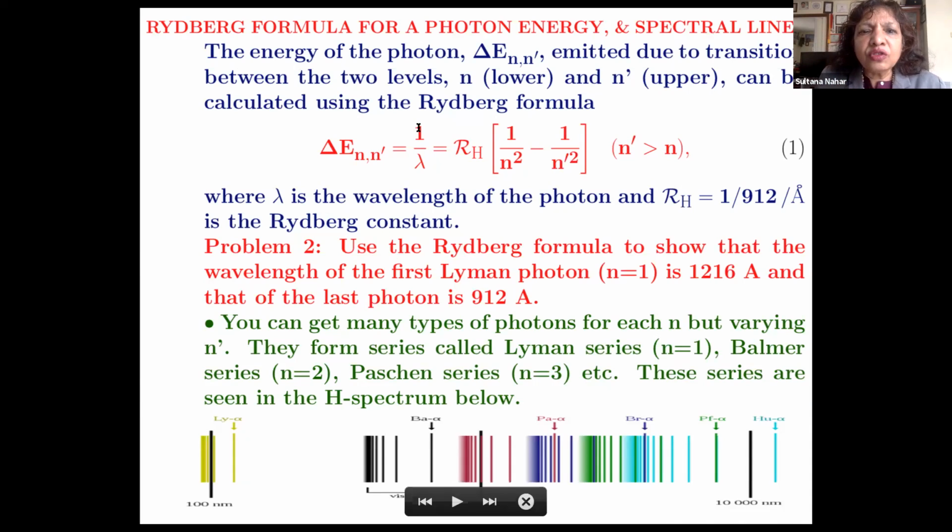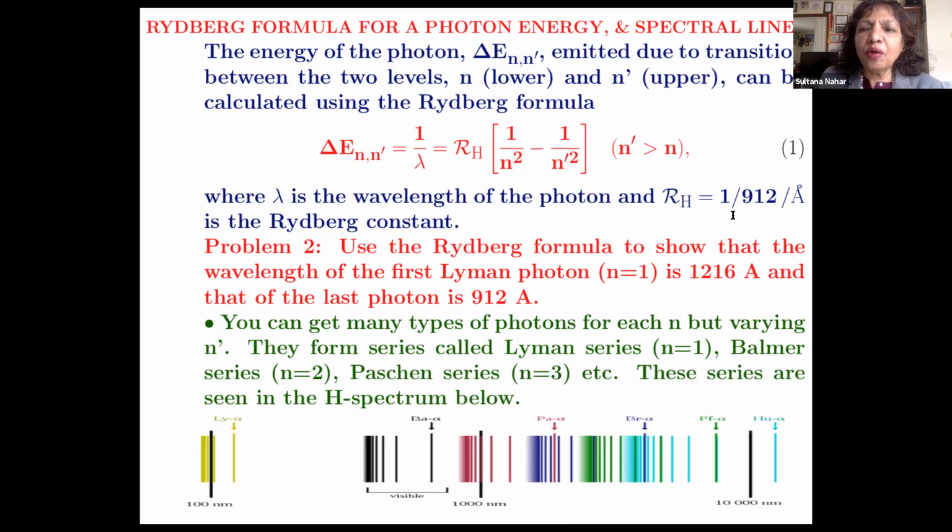And this equals 1 over lambda. Lambda is the wavelength of the photon. That is what we measure in the telescope. And that is given by this formula, the Rydberg formula. This is just a constant, given by 1 over 912. And you have to put in the numbers. n is the lower level and n prime is the upper level.